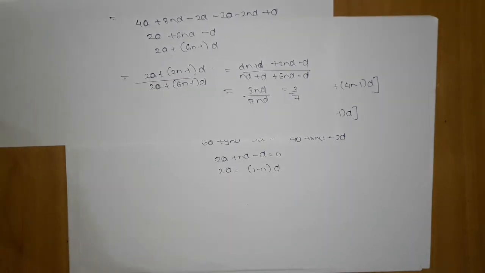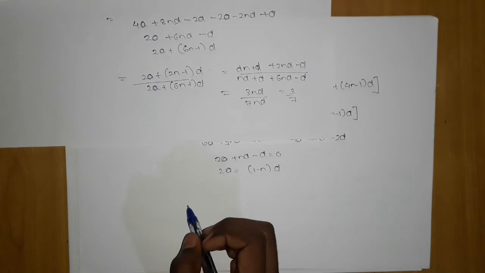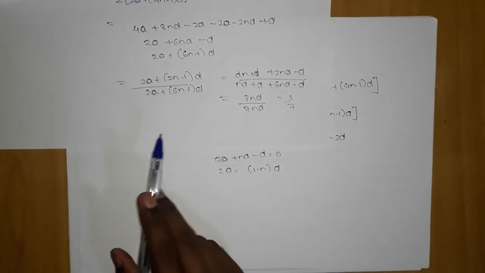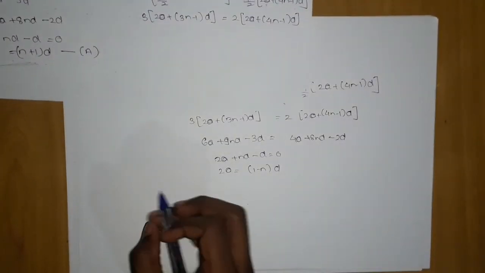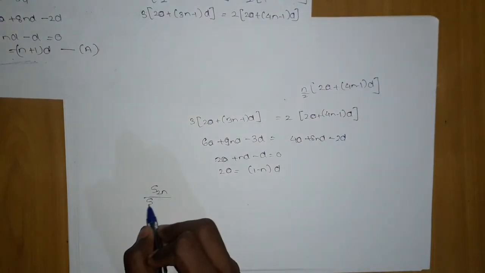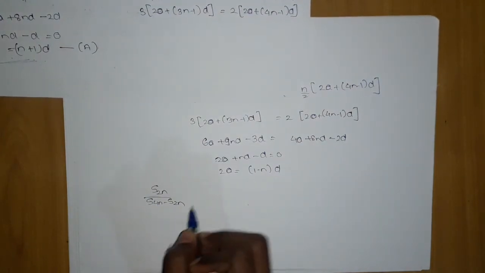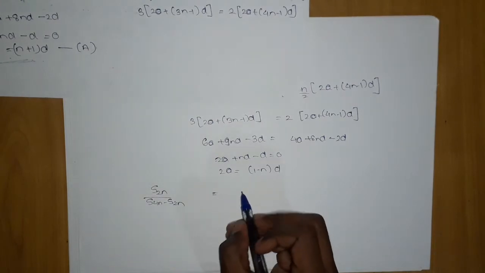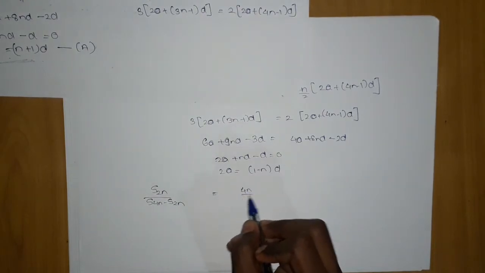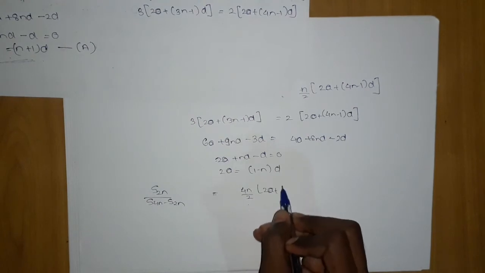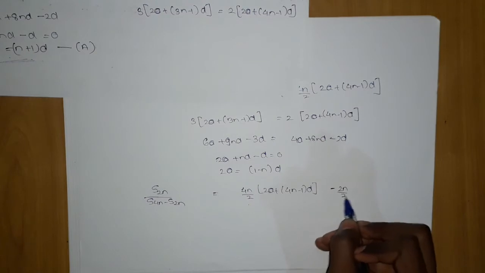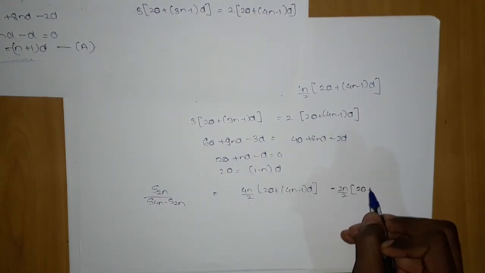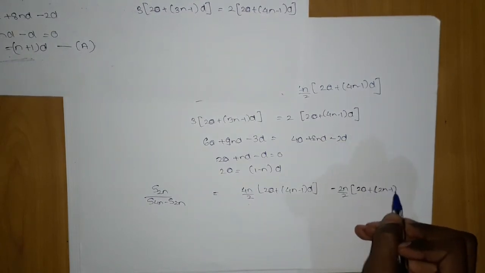Let's just calculate it again. What was the last? S2n upon S4n minus S2n. Now let me calculate this part first. It is nothing but 4n upon 2 bracket 2a plus 4n minus 1 into d, minus 2n upon 2 bracket 2a plus 2n minus 1 into d.